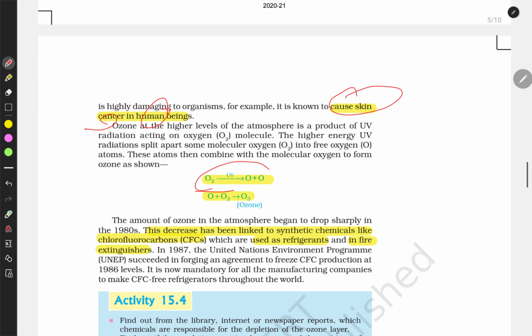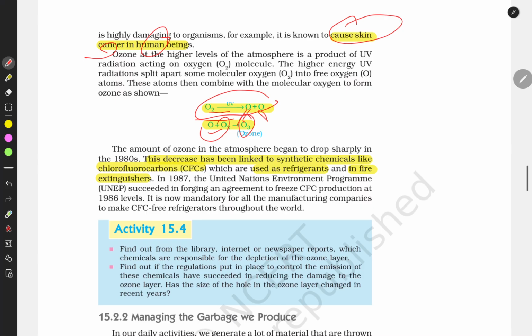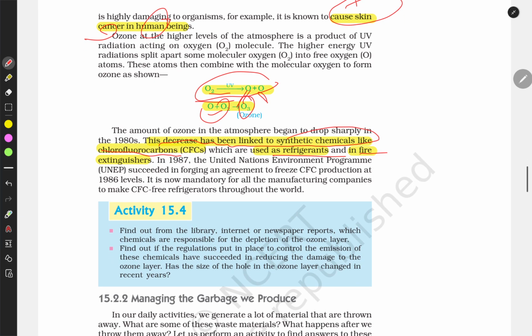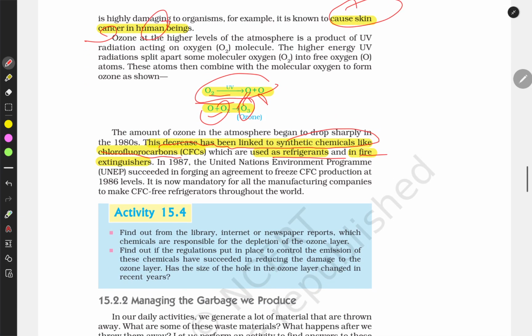O3 forms this way: oxygen O2 breaks down into two separate atoms, and each atom attaches with an O2 to form O3. The decrease has been linked to synthetic chemicals like chlorofluorocarbons. So this was why ozone was depleting, because of some chemicals.